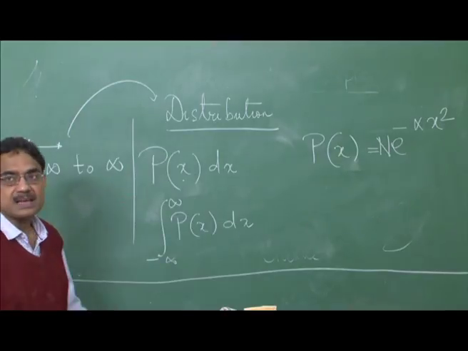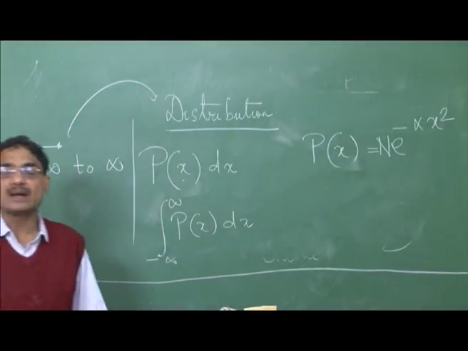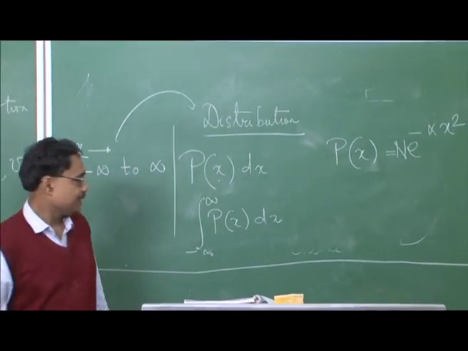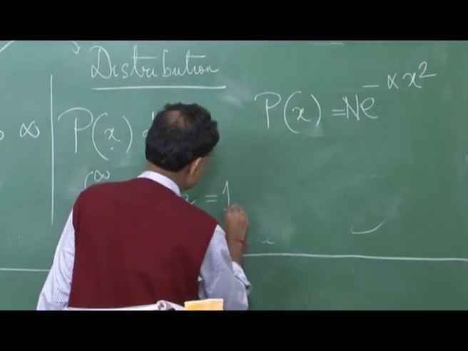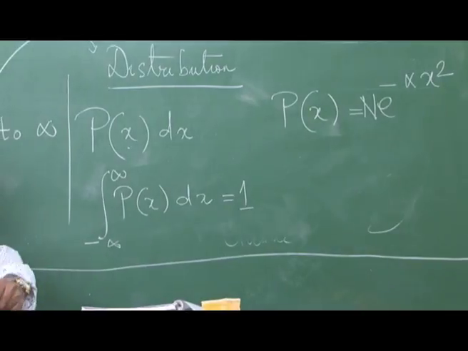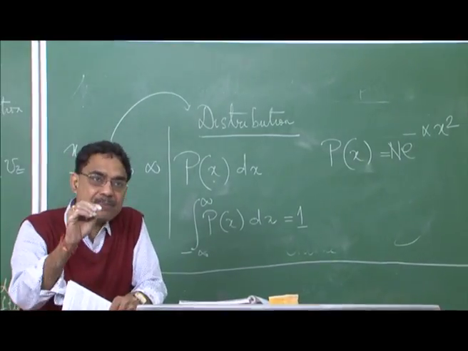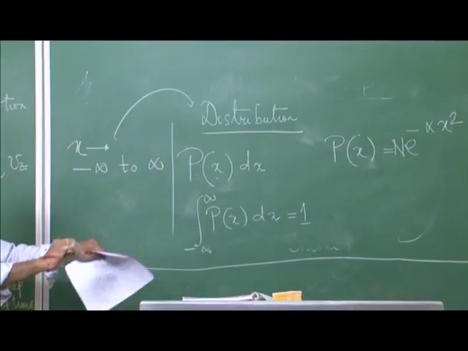What does it tell you? It simply tells you the total probability, and I know that the total probability is 1. If you recall your dice problem, every face has probability 1/6.